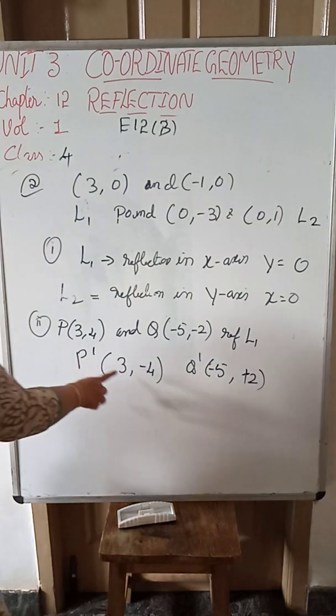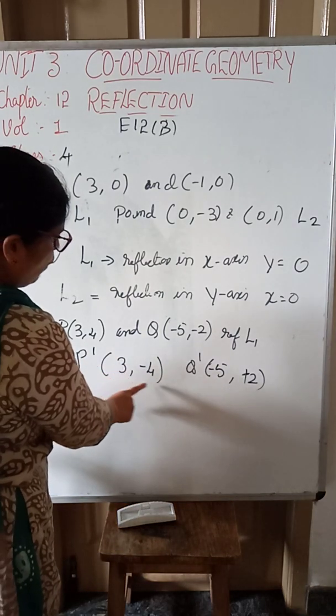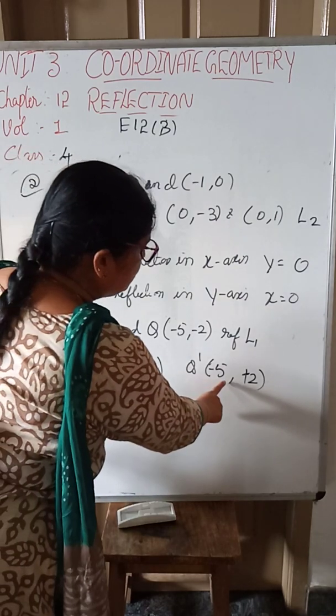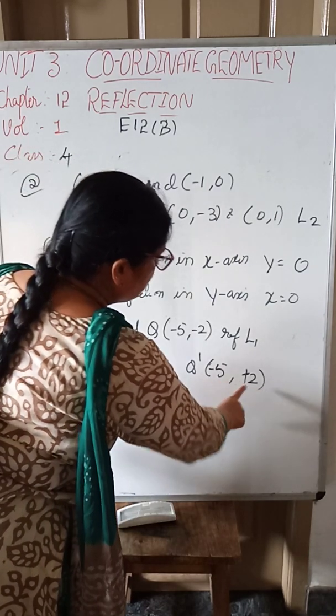So here P dash will be 3, -4 and Q dash will be -5, +2.